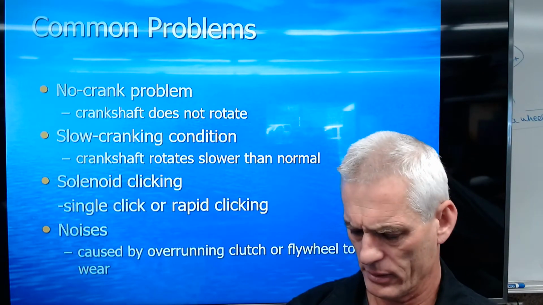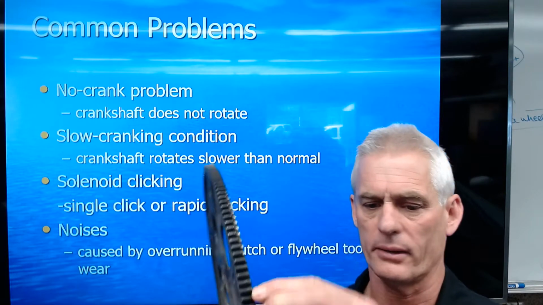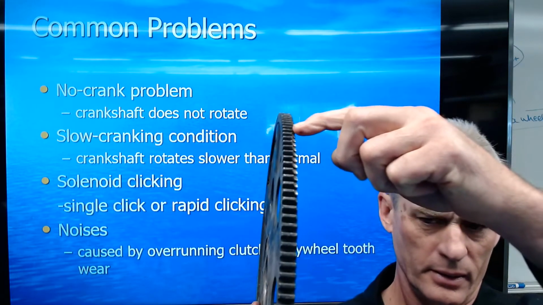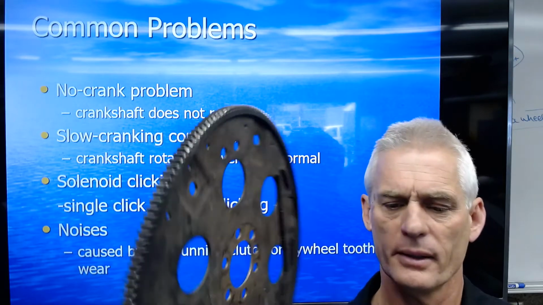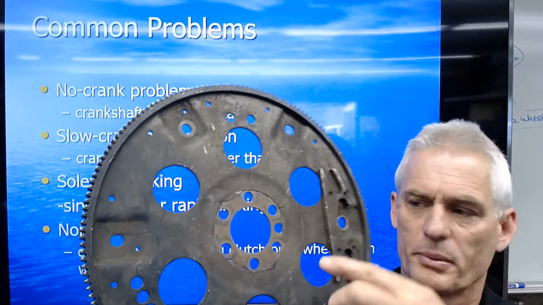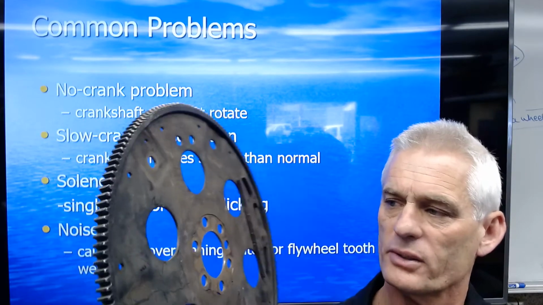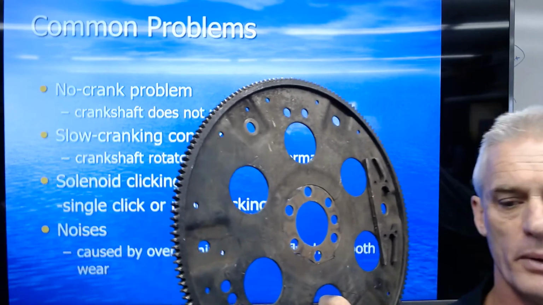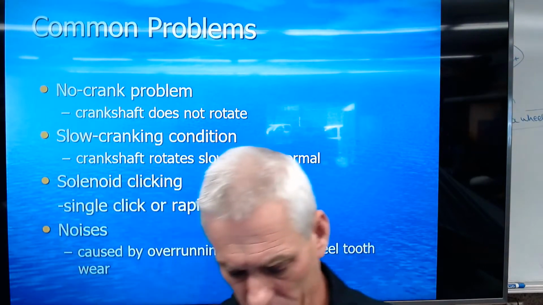If you look around on this ring gear, we've got some pretty bad wear right here. You can see the gear from the starter has eaten these teeth away. That's pretty bad. This one was making incredible noises because the plate was all cracked. This part is bolted to the crankshaft, and it was not wanting to spin the crankshaft and was making all kinds of whining and complaining noises.